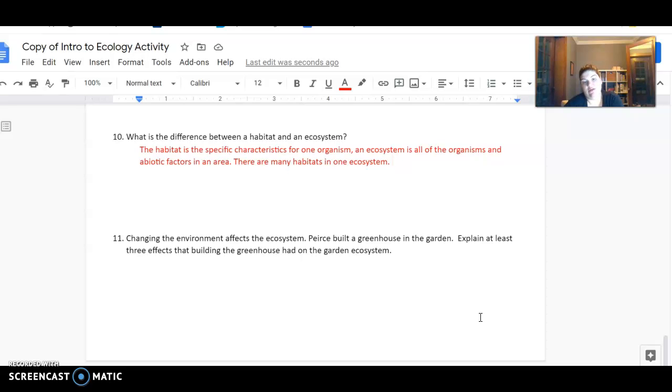But then again, organisms, especially plant populations that might have been growing in that area, are going to be depleted. You can also think about how it might affect the water infiltration in the area. So now you have an impermeable surface, or a surface that doesn't allow water to pass through, so that could lead to problems.